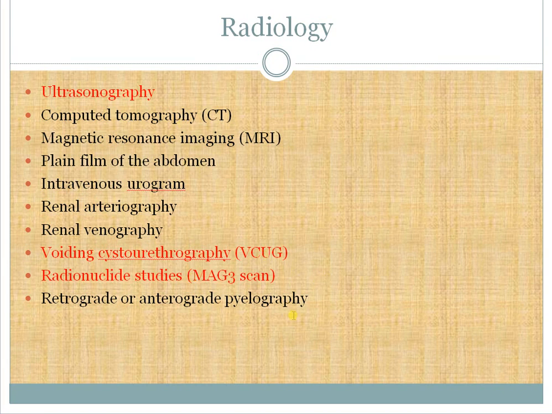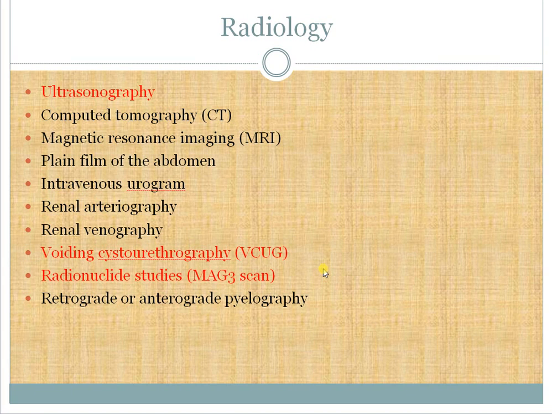So after ultrasonography, let's look at what VCUG is. VCUG has two phases. One is called the passive filling phase, and the second is called the active voiding phase. You put in a Foley catheter, fill the bladder with a contrast agent, and as you are filling the bladder, you look at it under the fluoroscopy camera.